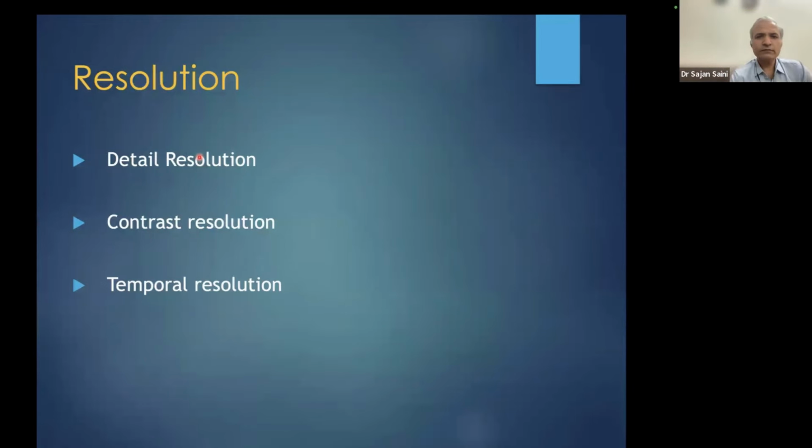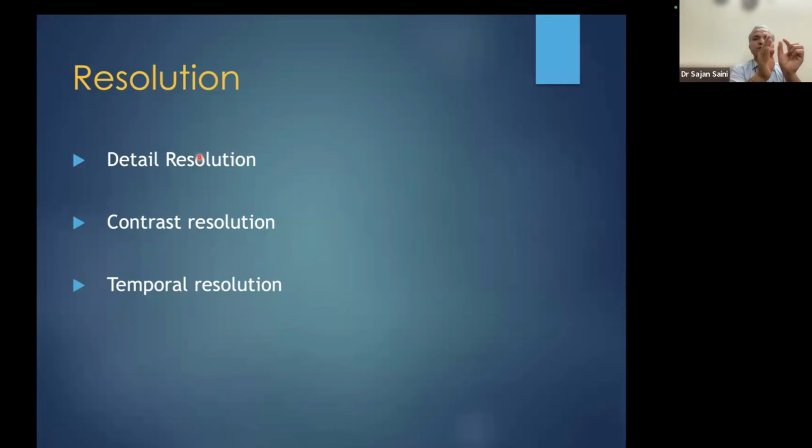There are two types of detailed resolution. One is axial resolution and another is lateral resolution. The axial resolution is when the objects are lying in the line of the beam, and lateral resolution is when the objects are lying perpendicular to the beam.